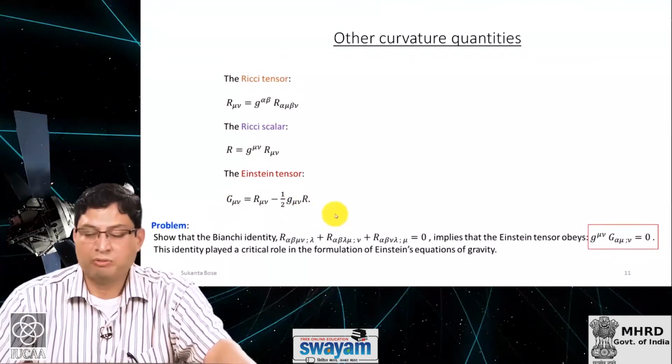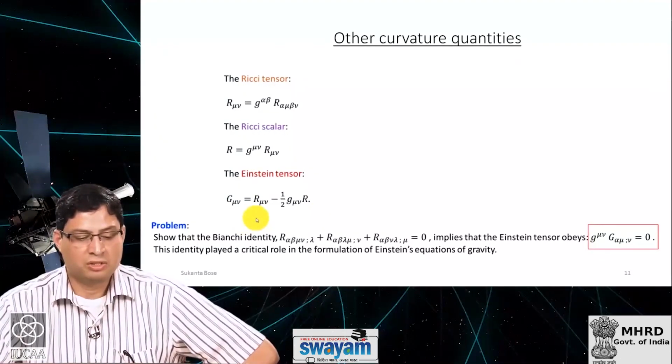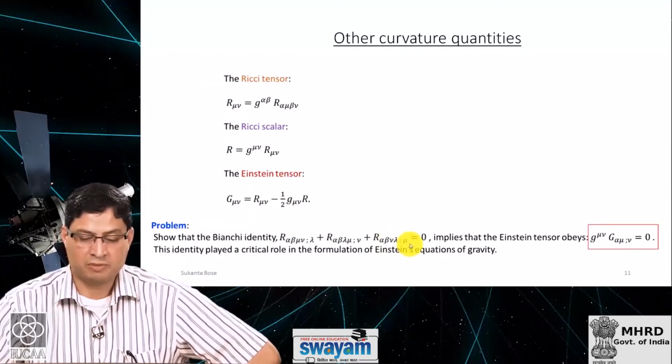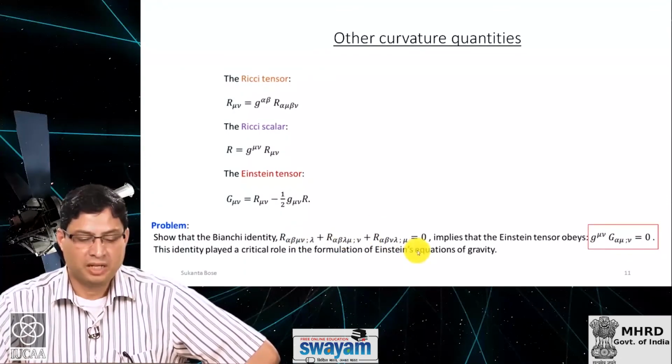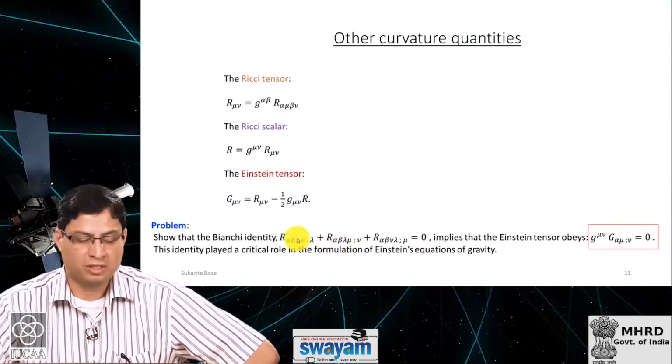Why is this useful? We will meet it in a moment, but one preparation for it is this problem. Because of the Bianchi identity we met on the last page, you can show that if you do some contractions here, and contractions of covariant derivatives are easy because of metric compatibility of a covariant derivative.